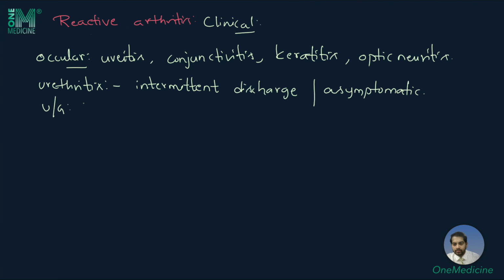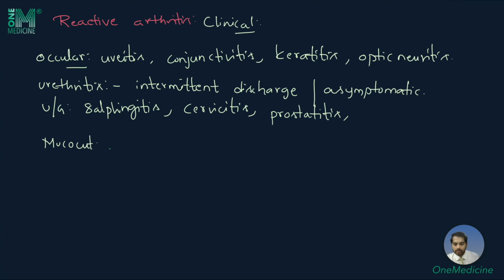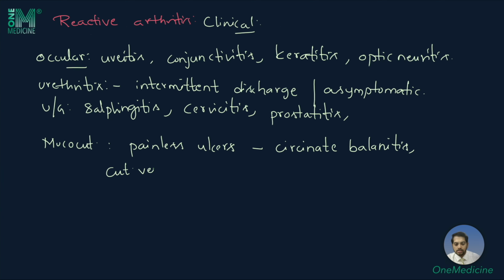Other urogenital manifestations include salpingitis, cervicitis, prostatitis. Patients can have mucocutaneous lesions including painless ulcers on glans of penis called circinate balanitis, cutaneous vesicles on palms and soles called keratoderma blennorrhagicum.